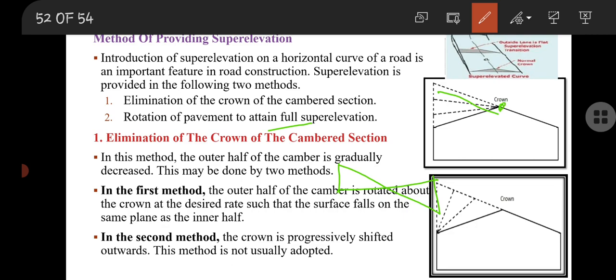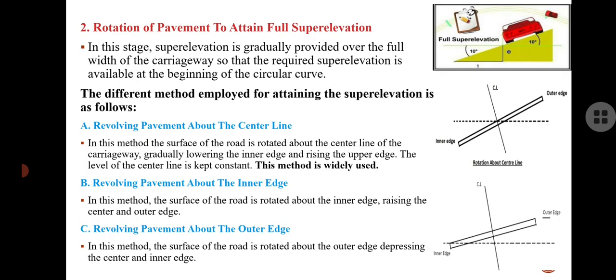The road surface crown can be eliminated in two ways, by raising the outer edge or by reducing the crown. In the second method, we implement rotation about the inner edge, rotation about the outer edge, or rotation about the center. In these three methods we will provide super elevation on a road practically.